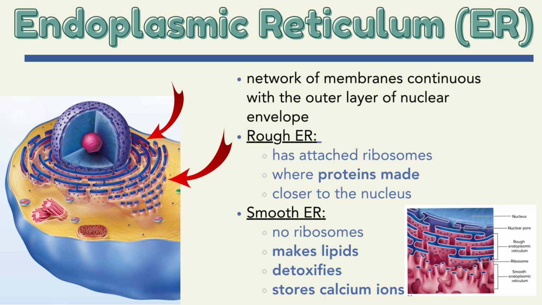The rough endoplasmic reticulum is where proteins are made, and for this reason, it is found closer to the nucleus. The smooth endoplasmic reticulum functions to make lipids and helps in detoxification within the cell. The smooth endoplasmic reticulum also stores calcium ions within the cell.